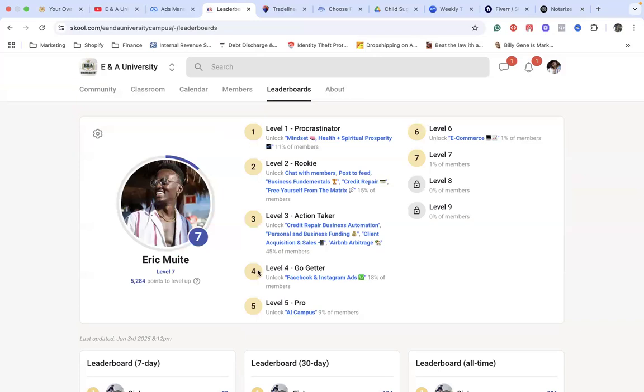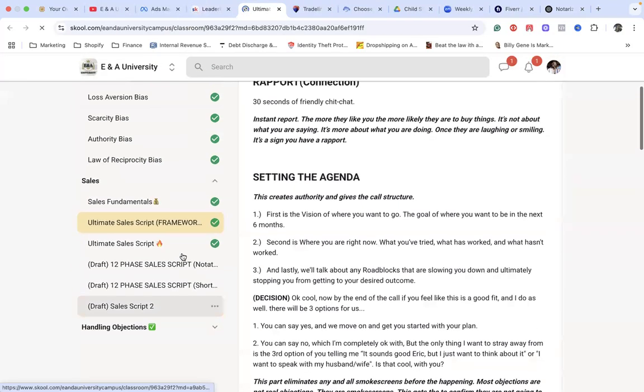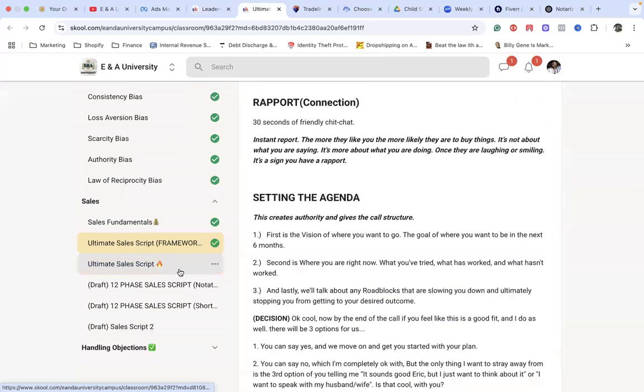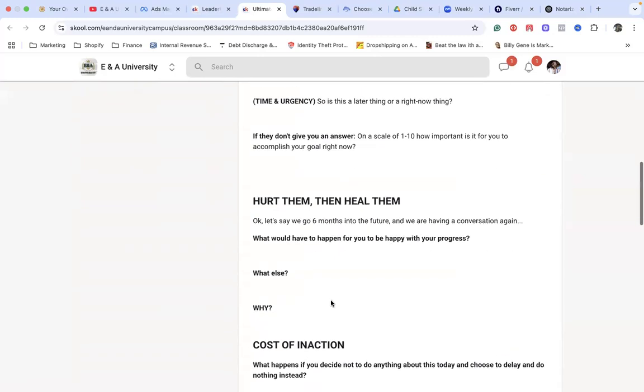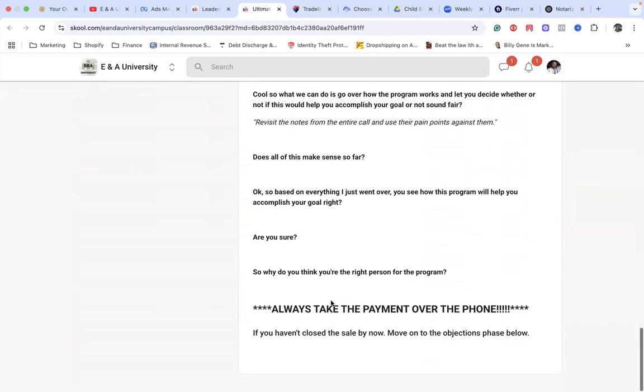That's good to know. I took a bunch of them from levels 4 and 5, and I put them in 3, because I'm starting to realize, for example, the sales campus is interconnected with the credit repair business automation. The same exact sales script I use to close hundreds and thousands of dollars a day is right here. I give you guys the same script I use to close sales.